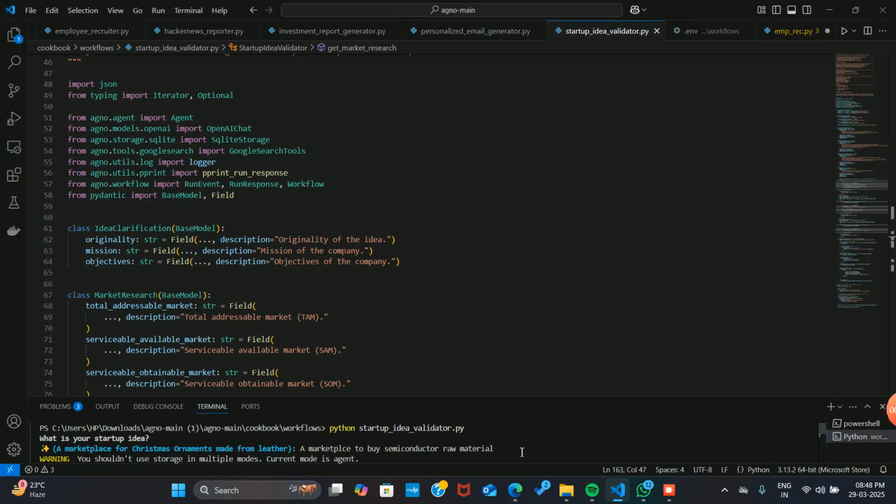So this workflow will guide you through validating your startup idea with AI-powered analysis and research, and use the insights to refine your concept and business plan. That's about it, but there is more to it, and we will get there.